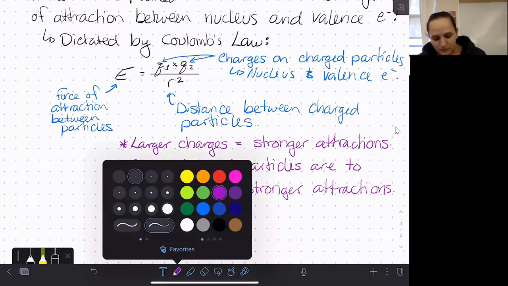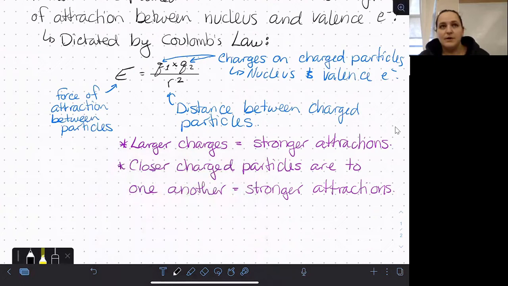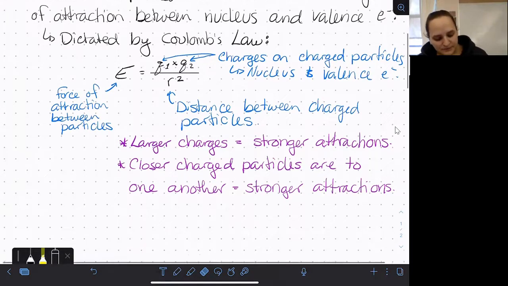We talked in the previous video about how the various trends change moving down a family and how they change moving across a period. And there are essentially two different explanations depending on which direction you're moving, whether you're moving vertically or horizontally across the periodic table.